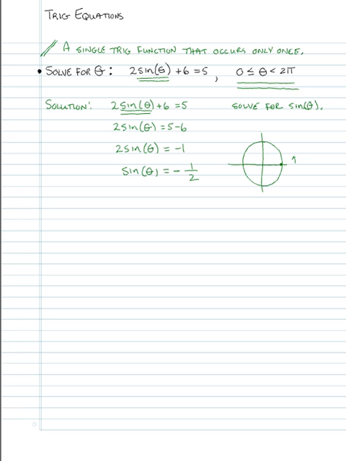And of course, we'll have an infinite number of angles because we can go around and around and around, or we can even go to the left, so we would have negative angles. So there's actually an infinite number of thetas that make this true. But we're only looking for the thetas in a single revolution, a positive revolution around the unit circle.